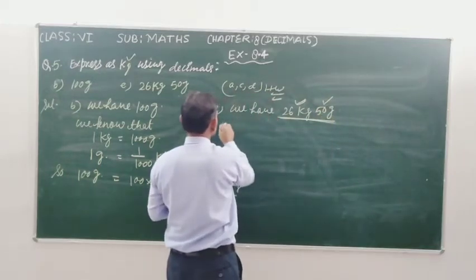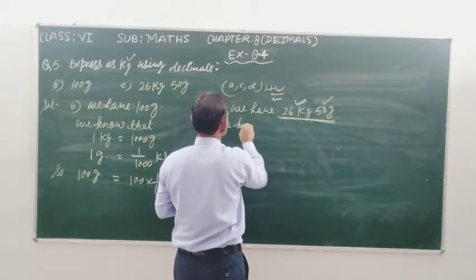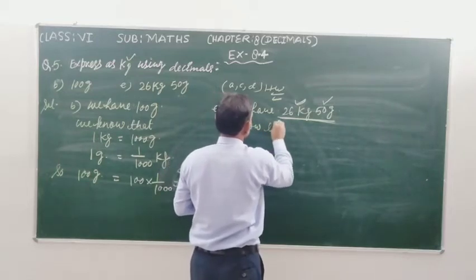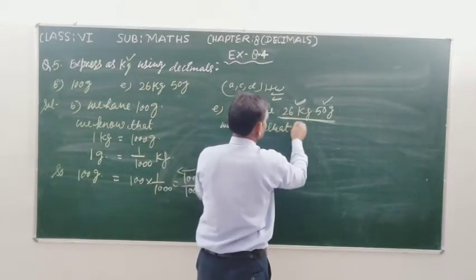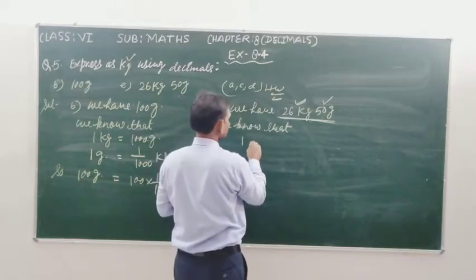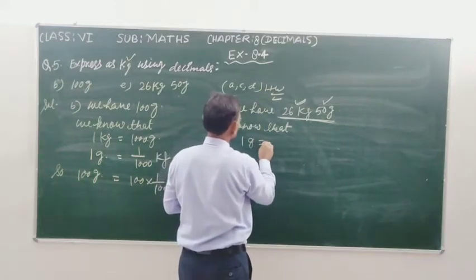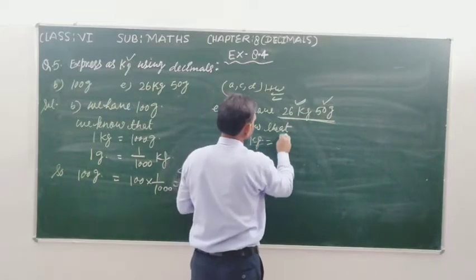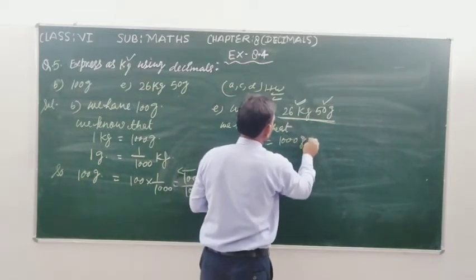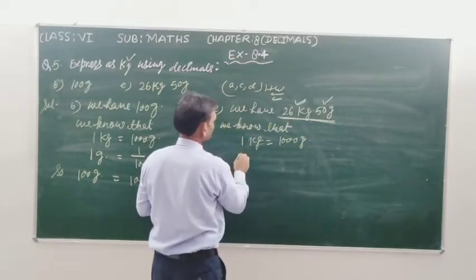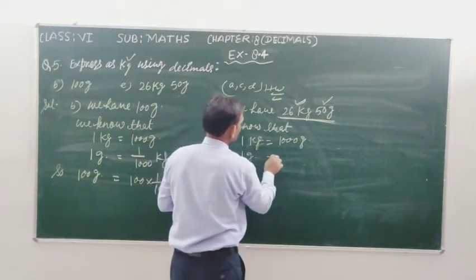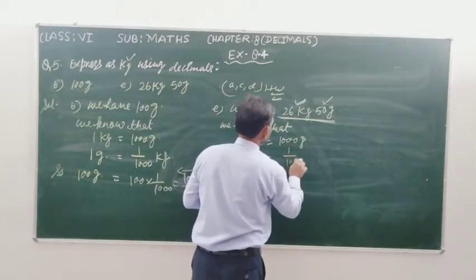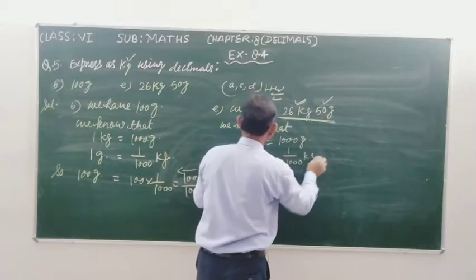So we know that 1 kg is equal to 1000 gram. So 1 gram is equal to 1 upon 1000 kg. You know very well.